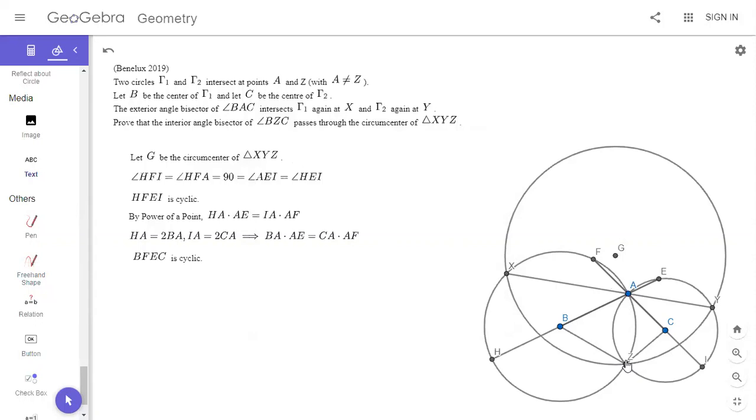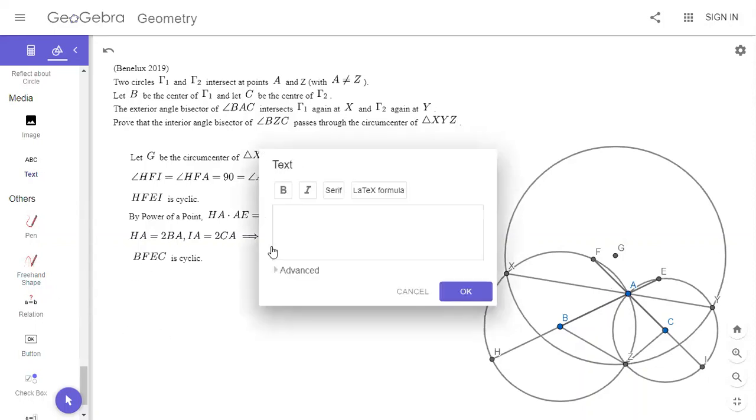Actually, first I'm going to show it passes through Z. So that should just be an angle chase. I'm trying to remember how I did that. So yeah, we have angle BZC is equal to angle BAC, which is 180 minus angle BAF, which is 180 minus angle BFA.